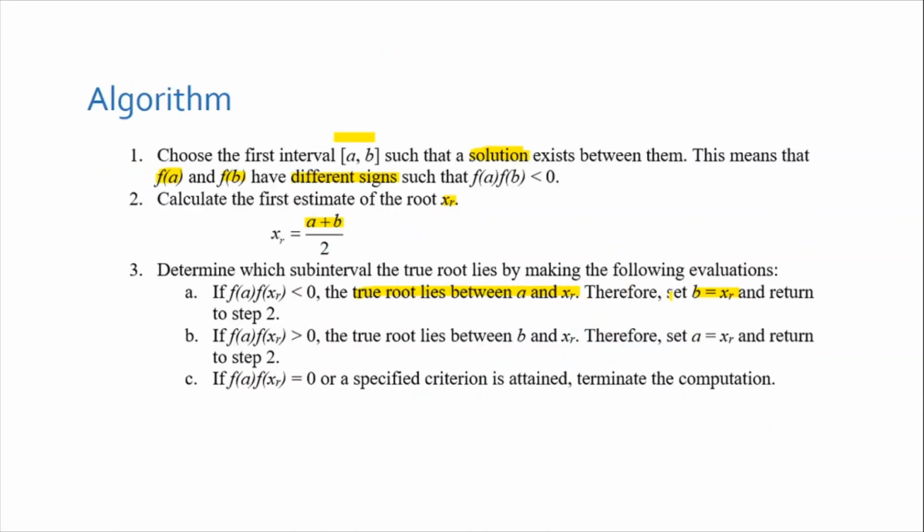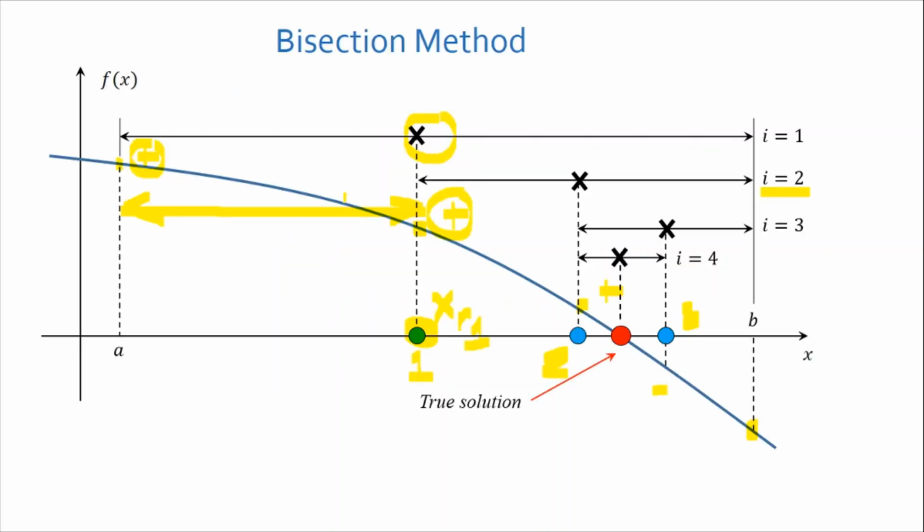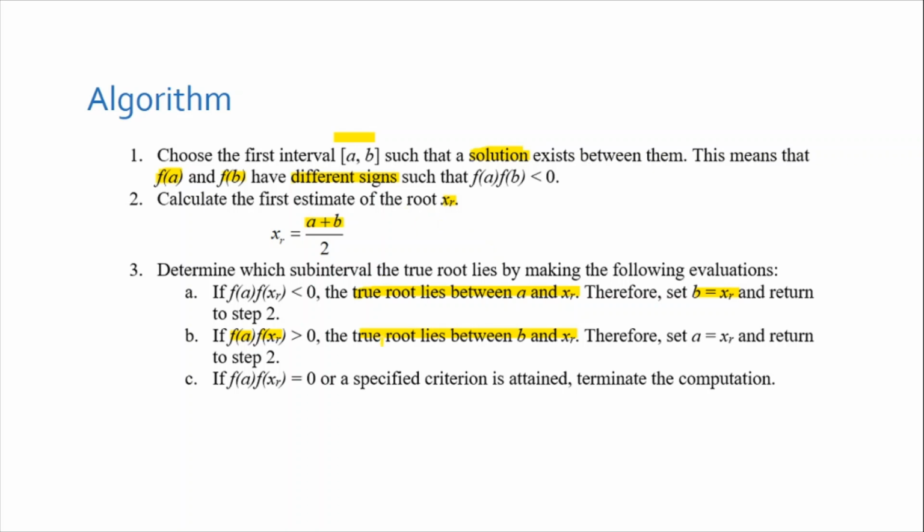Therefore, we read sub-step B: if f(a) times f(xr) is greater than 0, the true root lies between b and xr. Now, that is the case of our illustration here. The value of f(xr) multiplied by f(a) is positive, or greater than 0. Therefore, this is correct. The true root lies between b and xr.